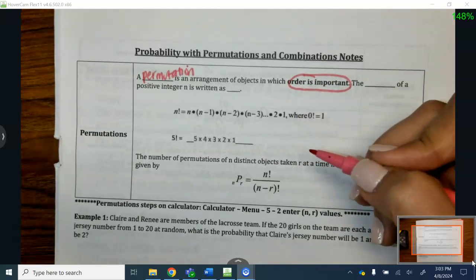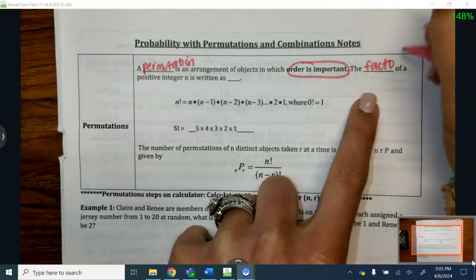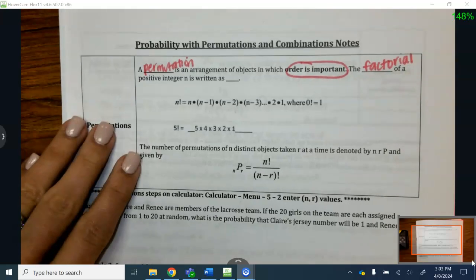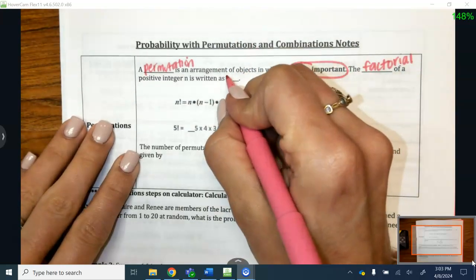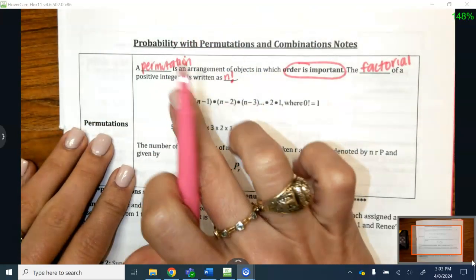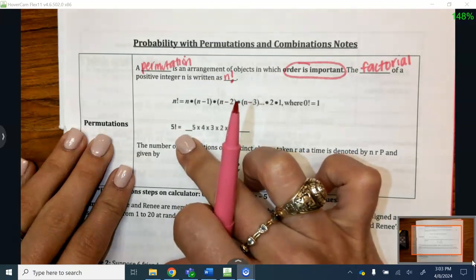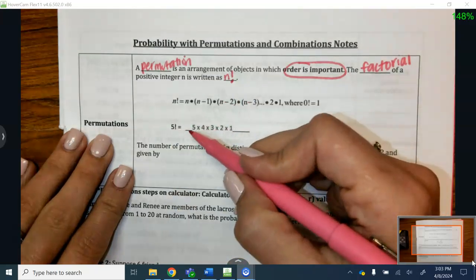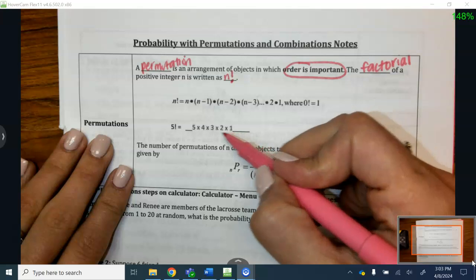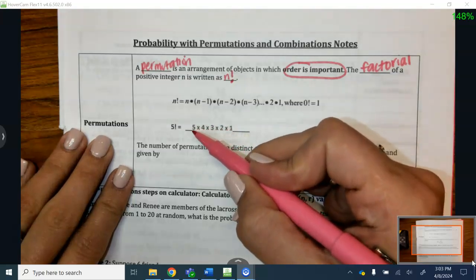Okay, the factorial. F-A-C-T-O-R-I-A-L. The factorial of a positive integer n is written as n exclamation point. Basically, if I took the factorial of 5, I'm going to start with 5 and go all the way down to 1, multiplying all the integers in between that number and 1.